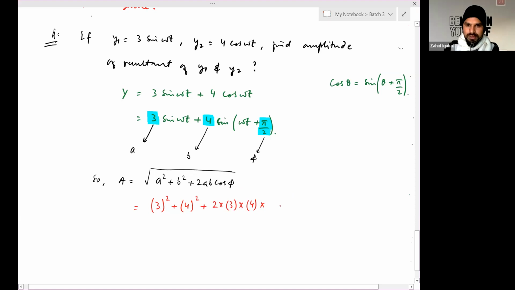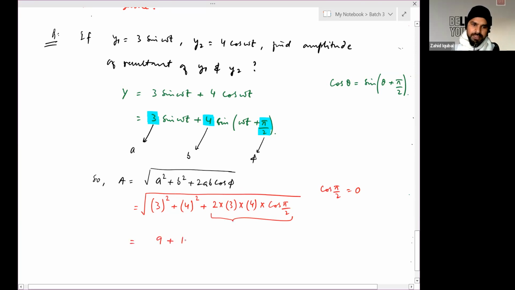Cos pi by 2 is cos 90 degrees, and cos 90 is 0. So this entire term will become 0. You're left with 3 squared, 9, plus 4 squared, 16, under the root. So it will be root 25, which is just 5 meters.